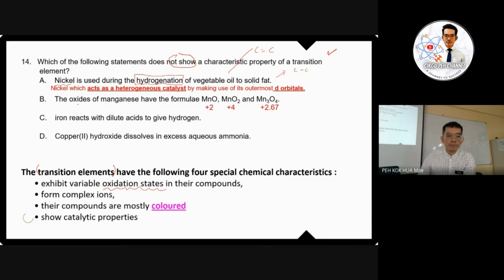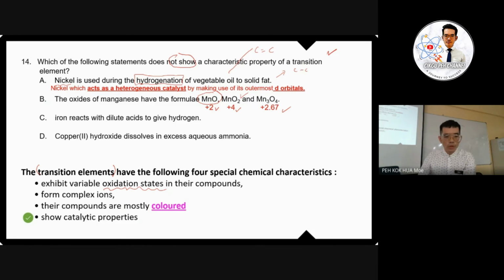Second, D, the oxidation of manganese has the formula. From here, you must be able to get the oxidation state for manganese to be +2. Then MnO2 will be +4, and here will be +2.67.